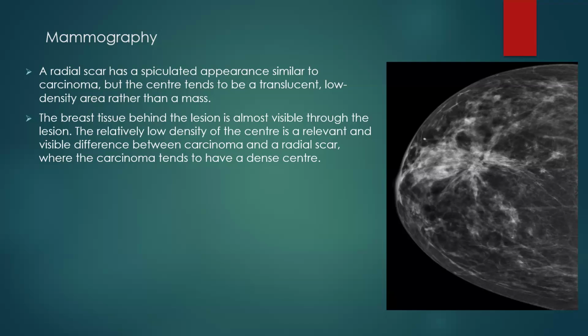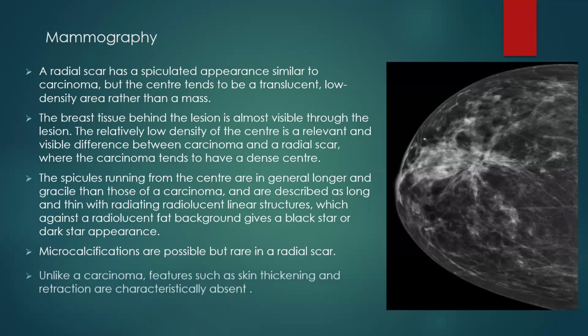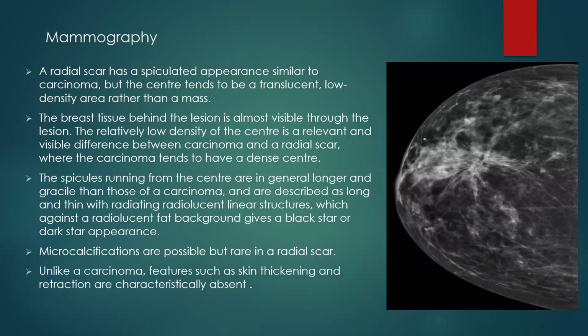Structures against a radiolucent fat background give a black star or dark star appearance. Microcalcifications are possible but rare in a radial scar. Unlike a carcinoma, features such as skin thickening and retractions are characteristically absent.